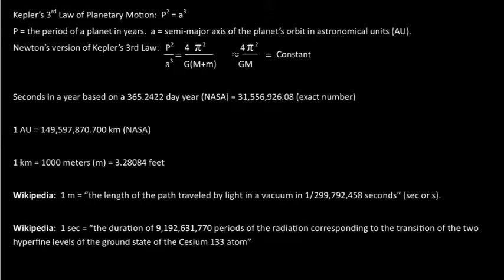Everything on here, other than the calculations that I perform myself, is from NASA unless it says otherwise. Like you'll see Wikipedia down below. And there's one astronomical unit in kilometers, 1 kilometer and how many feet that equals, and how Wikipedia defines 1 meter and how Wikipedia defines 1 second.